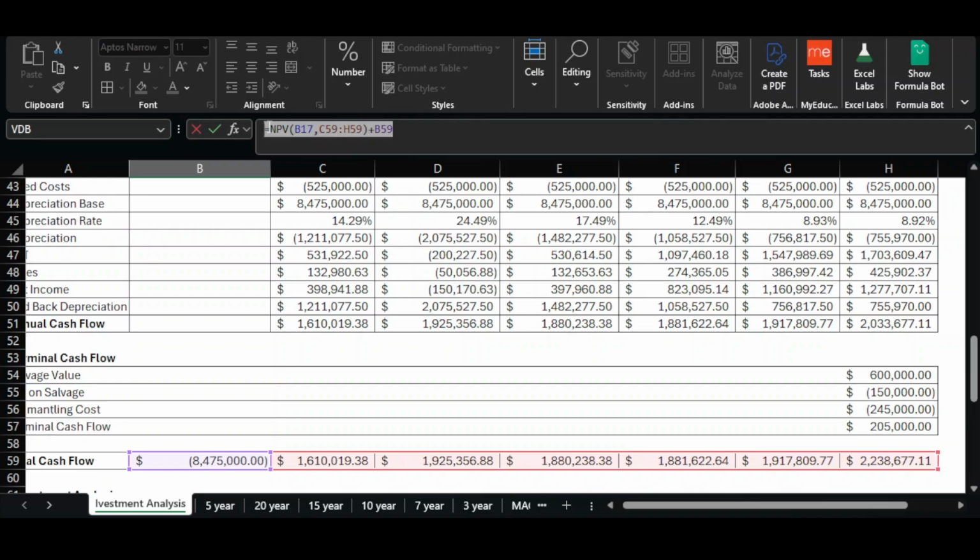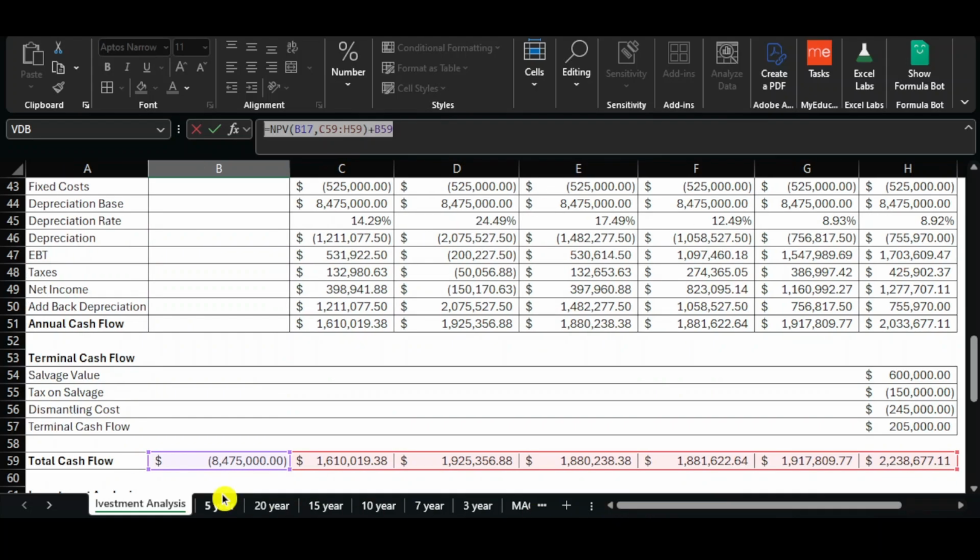And after getting the NPV, the true NPV is that you also add the initial outlay. In this case, you're subtracting, although it's a plus sign here, but this one has a negative. It will really subtract your total initial outlay, or in this case, the total cash flow for year 0.